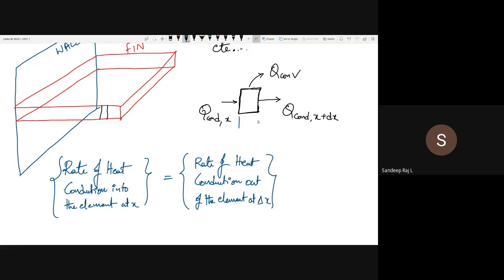Meaning this part is your delta x. So this is the conduction part. The conduction part is over, so what is left is your convection now. What is convection? Rate of heat convection.